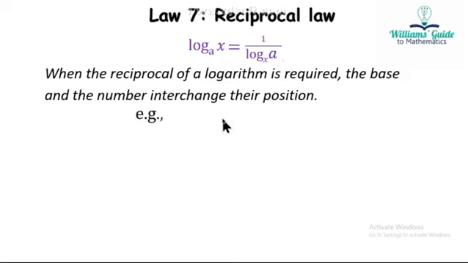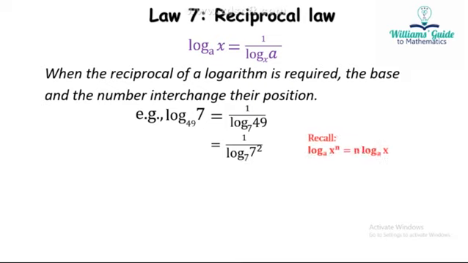Look at this example for a better understanding. If we have log 7 to base 49, that can be taken as 1 over log 49 to base 7. We have 1 over log 7 raised to power 2 to base 7.